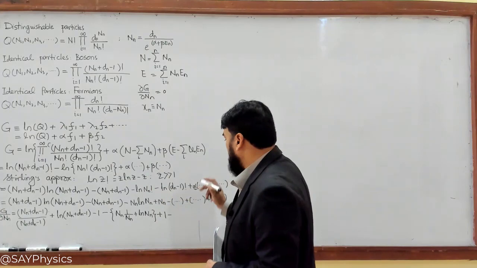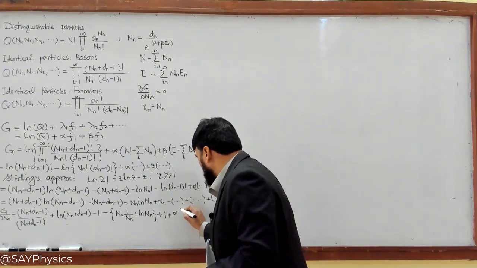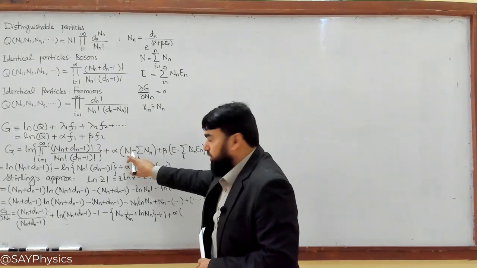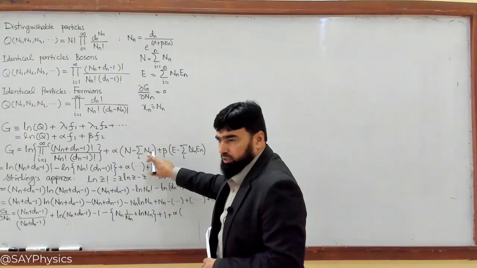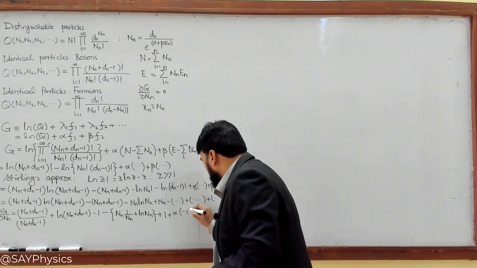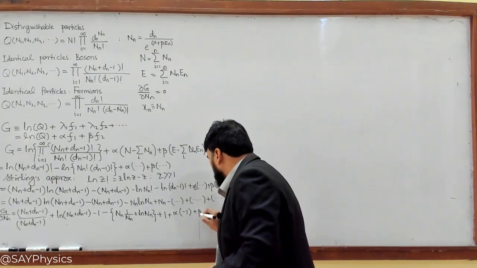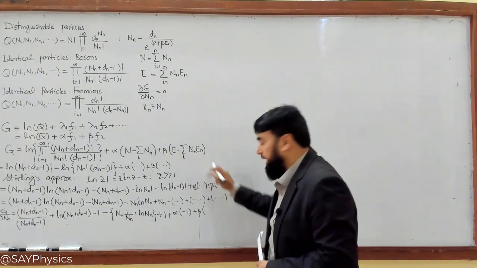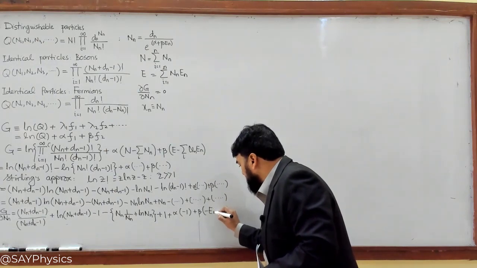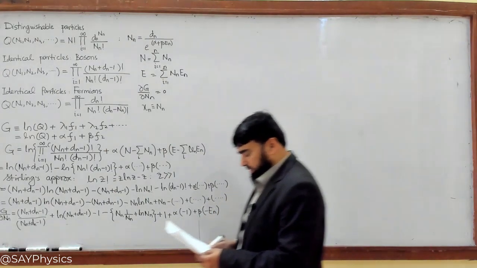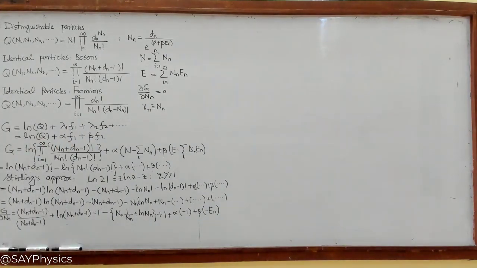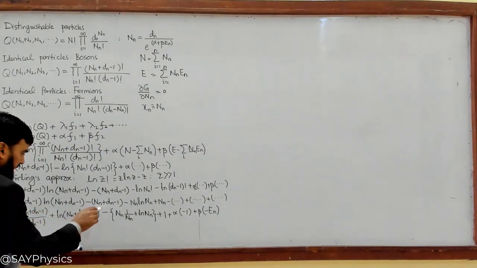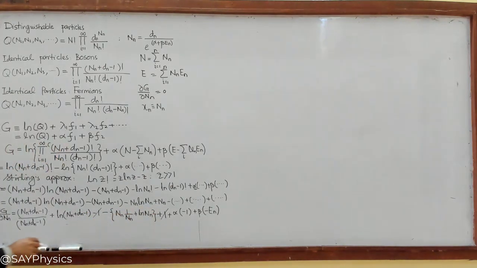Here it is plus alpha, so I will write plus alpha, and then it is 0 and minus 1 here, and I am having minus 1 here plus beta, and this one comes out to be 0 and this one comes as minus en. So this is minus en. Now our result is almost final, and look here, this minus 1 cancelling with this plus 1, and this is cancelling with this, so we got another 1 here.